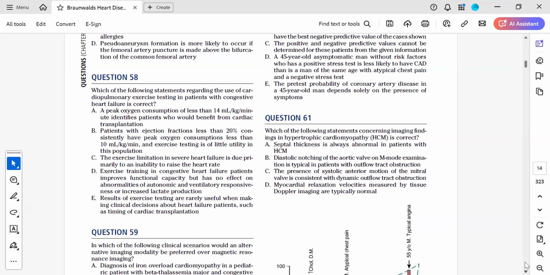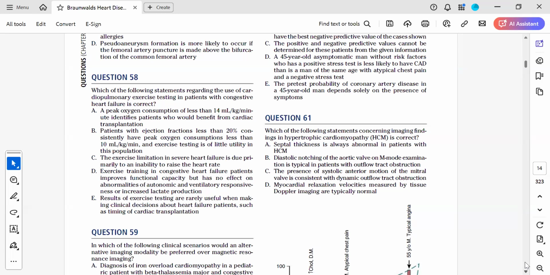However, patients who achieve a peak oxygen consumption of greater than 14 mL per kg per minute usually have a mortality rate similar to patients who have undergone cardiac transplantation, and they are less likely to benefit from any intervention because their peak oxygen consumption is within the normal limits. Though one source that I saw said normal is usually greater than 20 mL per kg per minute.